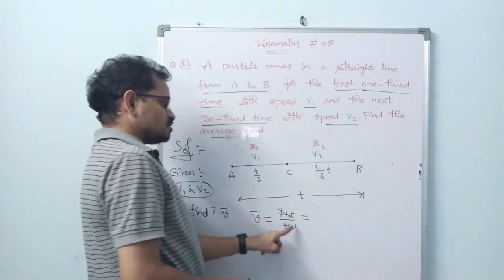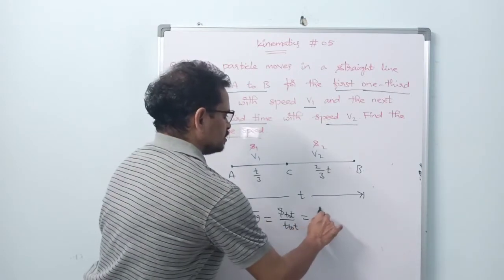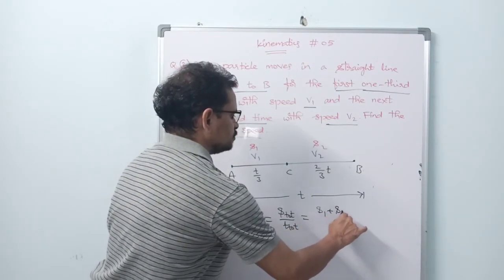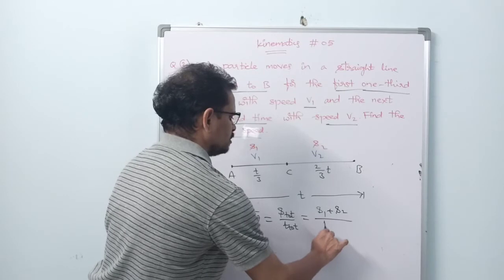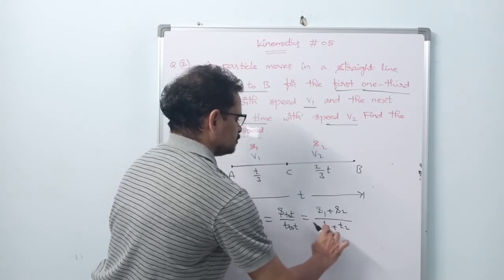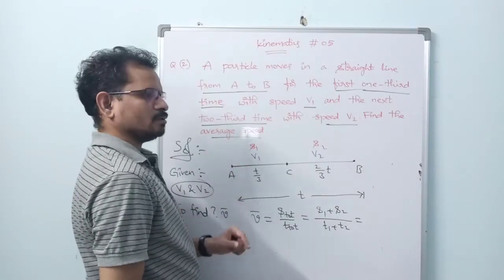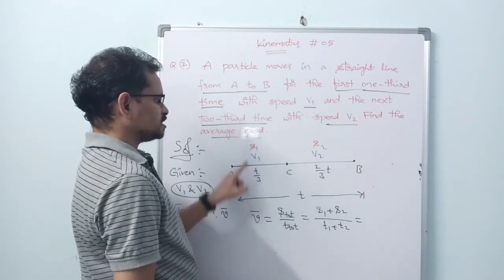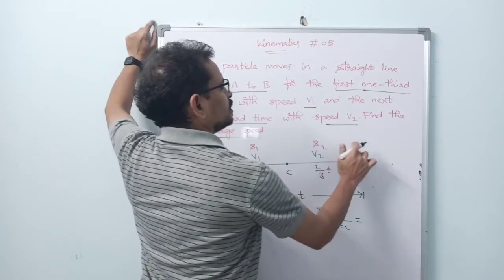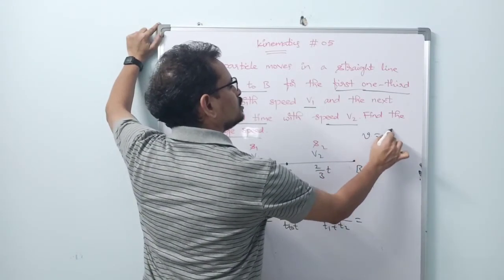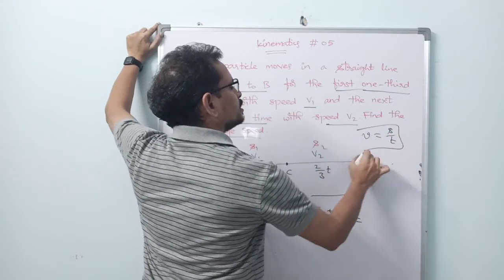So v bar equals S total by T total. What is S total here? S1 plus S2, divided by T total, which is T1 plus T2. So what is S1 here? We don't know S1. Let us write it in terms of known values. Distance equals speed into time. How do we know? Because speed equals distance by time.